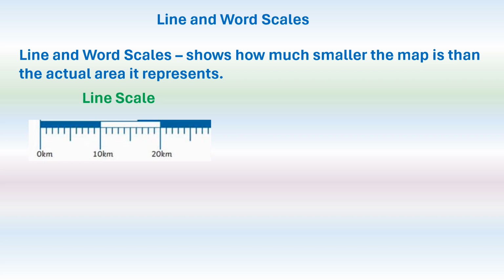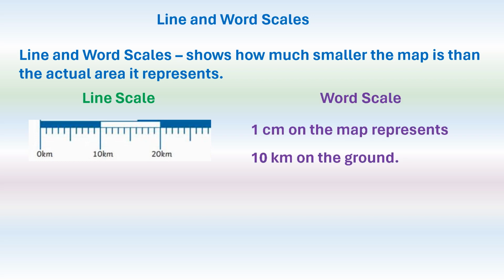And if we look at the second one, 2 centimeters on the map represents 20 kilometers on the ground. When we want to write it as a word scale, we say 1 centimeter on the map represents 10 kilometers on the ground.